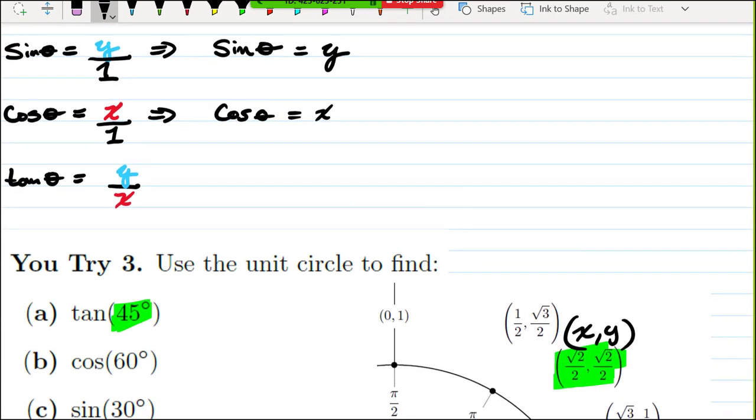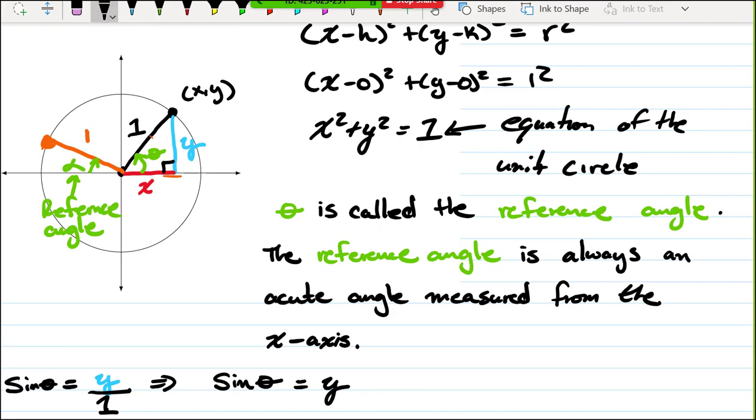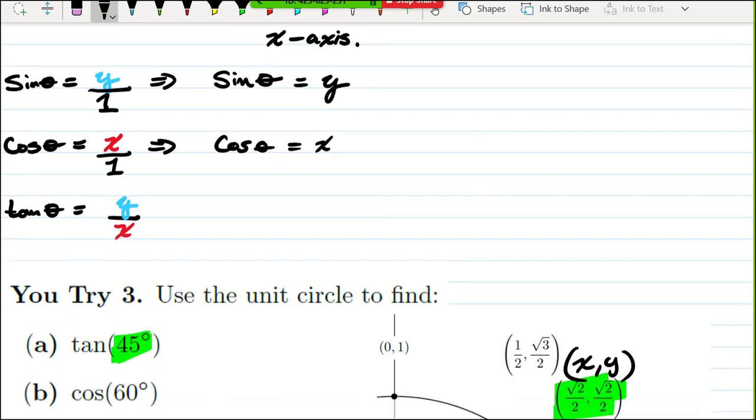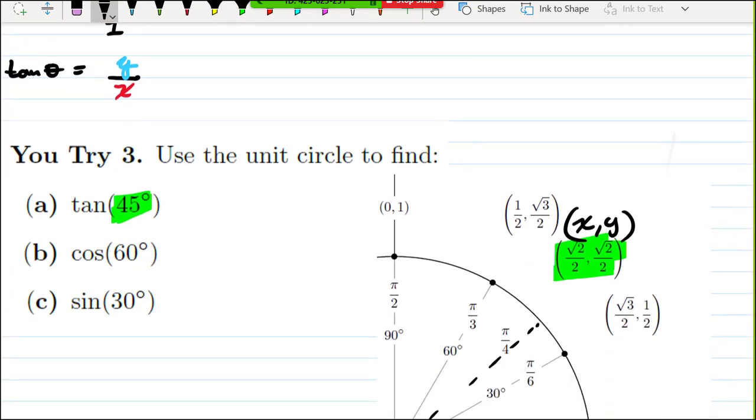We determined that tangent was opposite over adjacent, the same as y over x. So to find the tangent of 45 degrees, we take y divided by x. Our y value is the square root of 2 over 2, and our x value is the square root of 2 over 2. Anything divided by itself will always be 1. So the tangent of 45 degrees is 1.